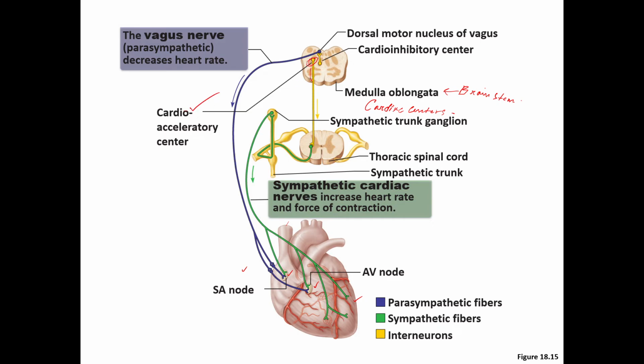So the yellow color, this is the sympathetic. So that will excite the heart. So this one, the yellow one, brings signal here to the spinal cord and gives signal to another set of neurons, the green neuron, and that will go through the sympathetic ganglion, this one, and then to the SA node, AV node, you see the green one, and wall of the ventricle.